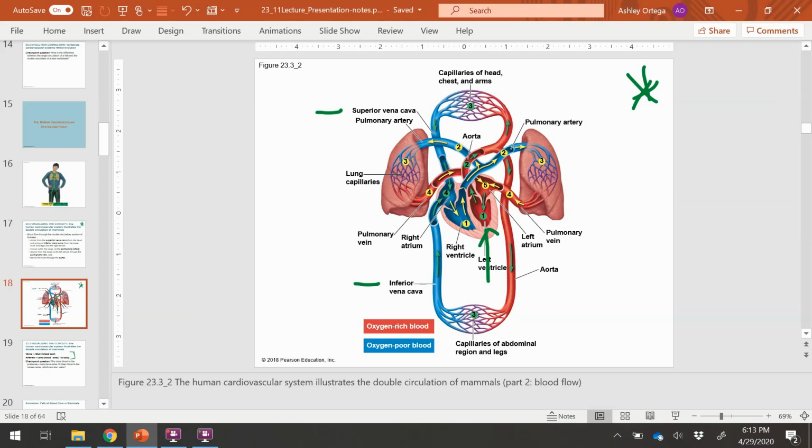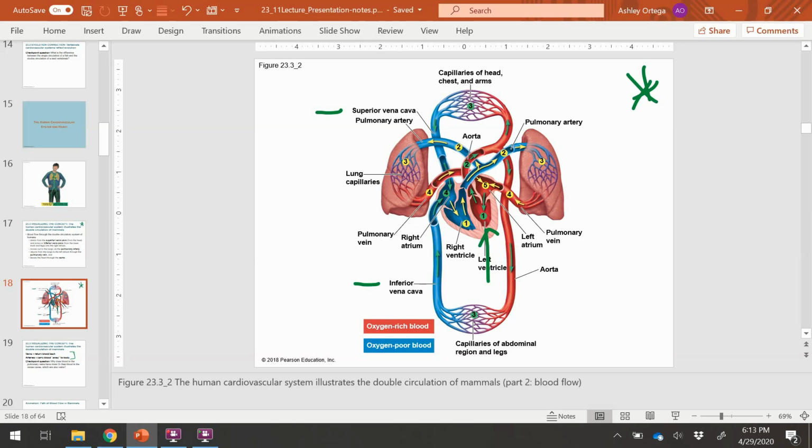It's going to flow away from the heart. And so that's a pulmonary artery going from the ventricle to the lungs. The oxygen-poor blood is going to go into the lungs where through the capillaries it will exchange gases. And then from there, those capillaries form pulmonary veins that return blood back to the heart, specifically back to the left atrium. It will go to the left ventricle and be pumped all over again.